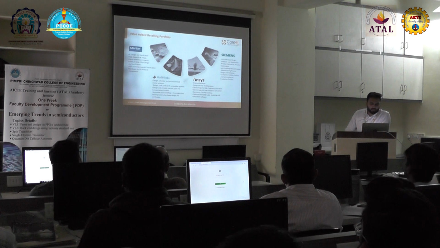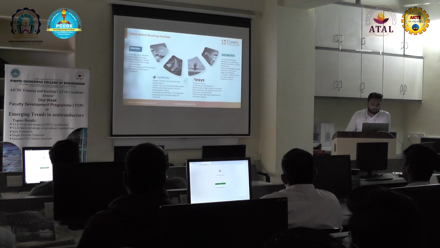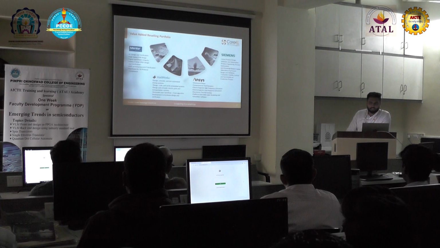And we have MathWorks, which can design, simulate and test automated driving systems. We can design, code and verify embedded systems. And ANSYS is a mechanical tool for structural analysis, computational fluid dynamics and electromagnetic high-frequency simulations.